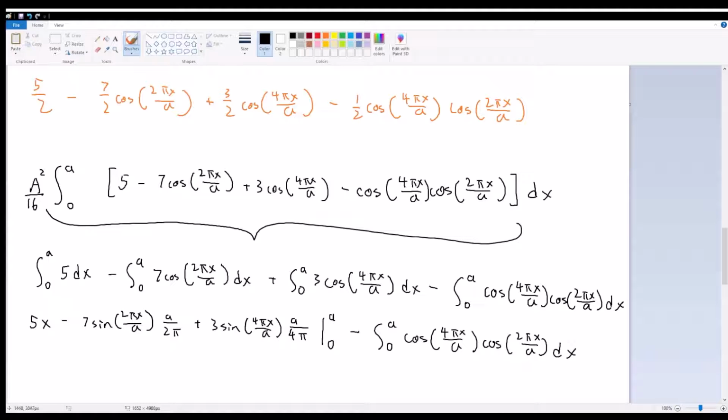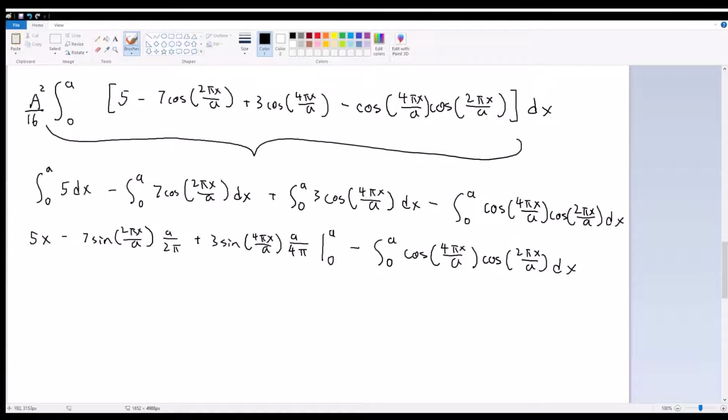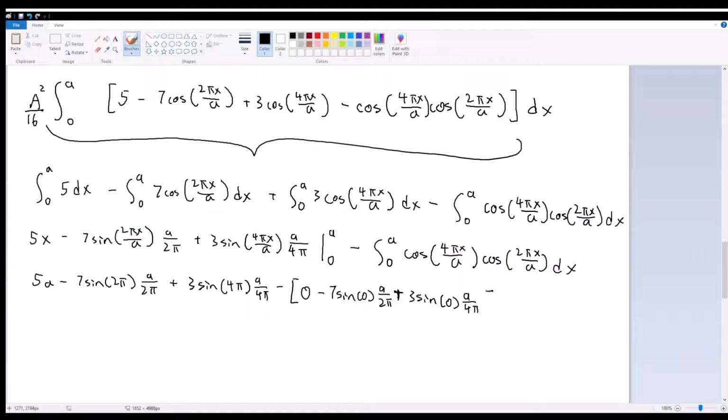So at this point, evaluating this, this is going to give us 5a minus 7 sine of 2 pi times a over 2 pi plus 3 sine of 4 pi times a over 4 pi, and then subtracted by 0 minus 7 sine 0 times a over 2 pi plus 3 sine 0 times a over 4 pi, minus the integral from 0 to a of cosine 4 pi x over a cosine 2 pi x over a dx.